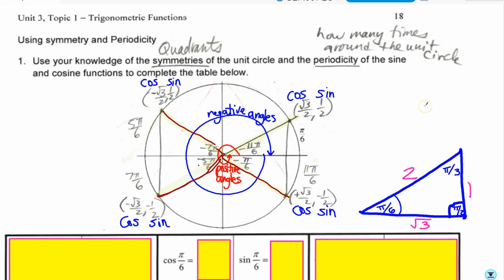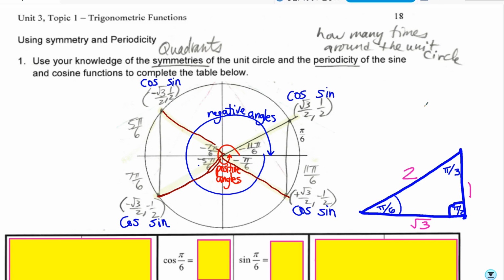Now we're going to use that unit circle to start getting used to what the measurements of cosine and sine are. We're not going to worry about tangent yet. We're not going to worry about cosecant or cotangent or secant yet. We're going to mostly focus on cosine and sine.